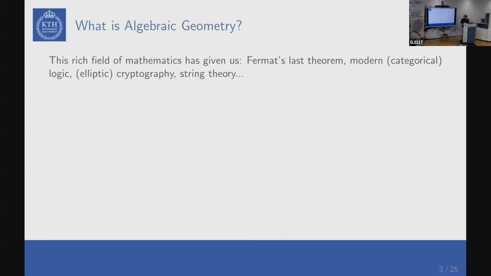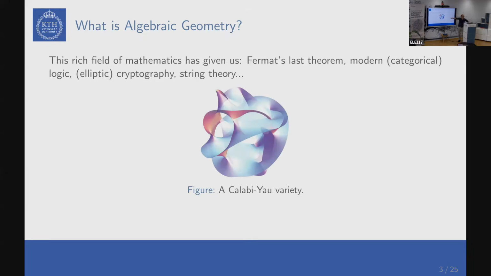And this has led to a very rich field of geometry. Just to name a few things that algebraic geometry has given us: of course, some types of cryptography. Elliptic curves are the most famous algebraic curves. It has given us string theory, which is the field where these kinds of spaces appear, also very well-studied algebraic varieties.